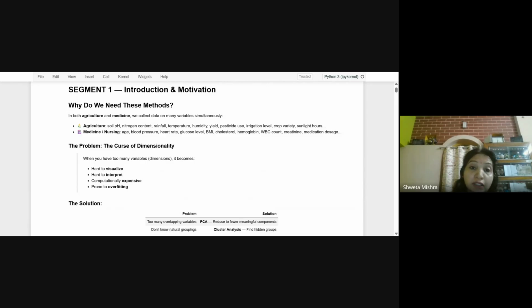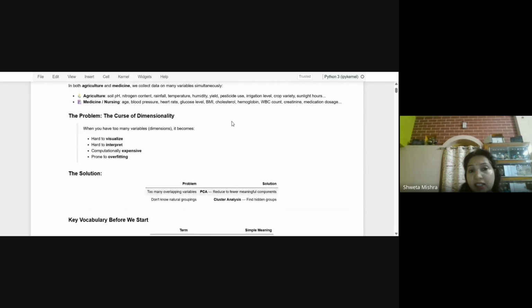With an increasing number of patients, we will have huge data. Similarly, for the agriculture field, we can see 10 to 15 variables for one specific farm or field. If we have multiple farms and fields, how can we understand that data? So the problem is dimensionality.